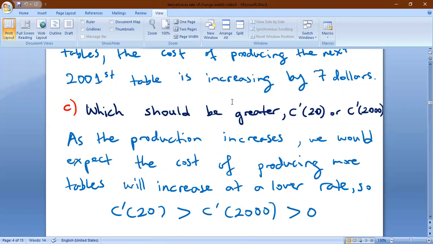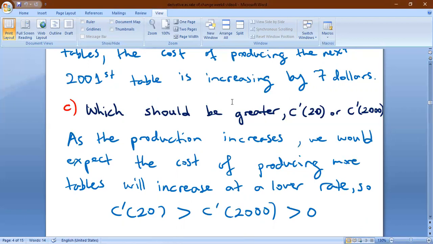So we expect the cost of producing more tables to, of course, increase, but it will increase at a lower rate. Because when you produce a new table, of course you have some costs: first you have to pay for the raw material, you have to pay for the labor and all the other things like electricity.